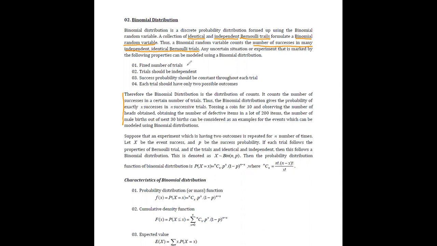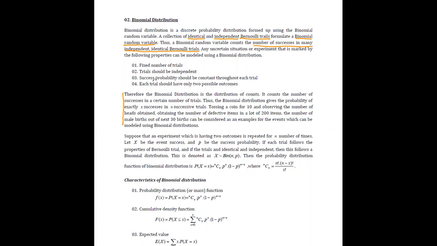Therefore, the first condition is a fixed number of trials. The second condition is that trials should be independent. The third condition is that the success probability should be constant throughout each trial. It means that the trials should be identical. It is because the probability cannot vary from one toss to the next. If the probability is varying, then we cannot use the binomial distribution to model this type of experiment.